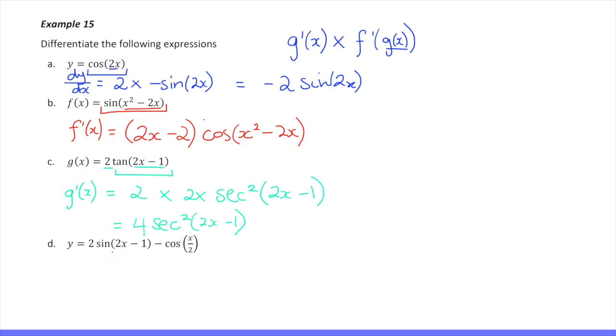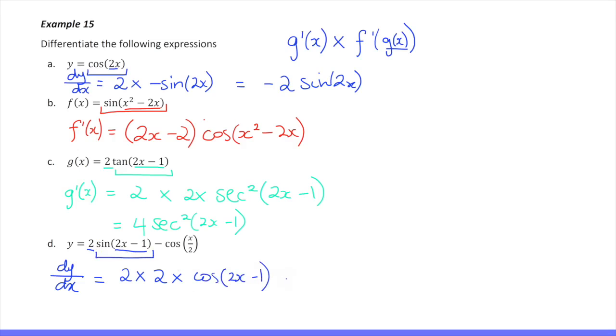Last example, here we can see we've got 2 terms, but that's fine. All you have to do is just treat each term on its own and derive them individually. So once again, we've got a 2, a coefficient, so we can just leave that. Derivative of the inside, so the derivative of 2x minus 1 is 2, and then times that by the derivative of the outside. So the derivative of sine is cos, and whatever is in the brackets remains.